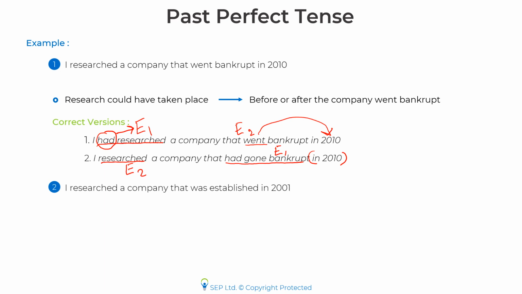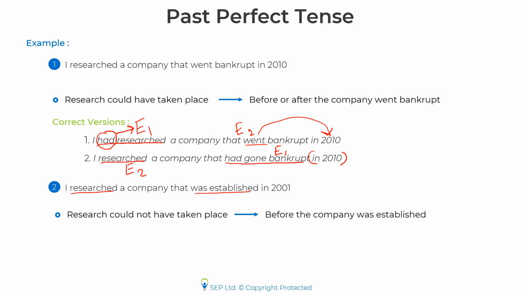Let us now look at the second sentence. I researched a company that was established in 2001. Here again we have two events, researched and was established, and both are in the simple past. Here, do we need any past perfect to indicate which event took place first? Not really. We cannot research a company that has not even been established.